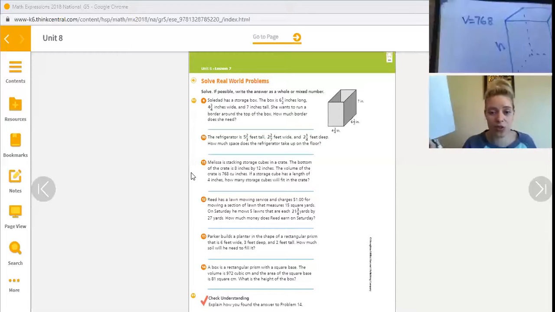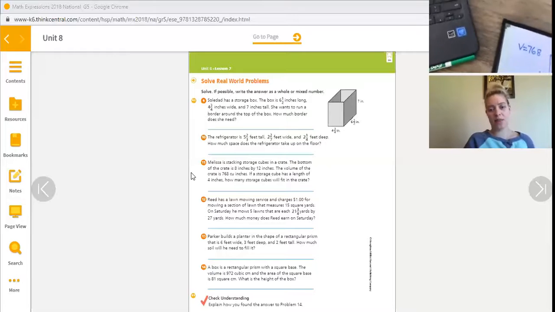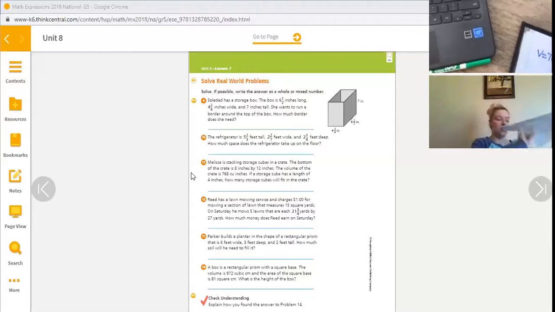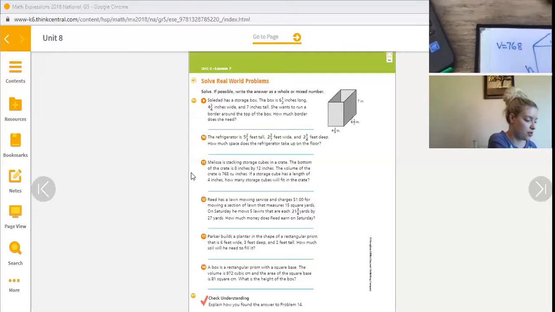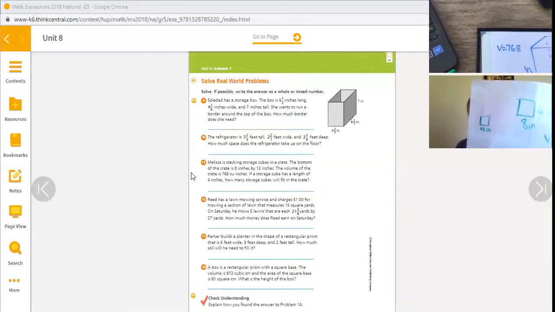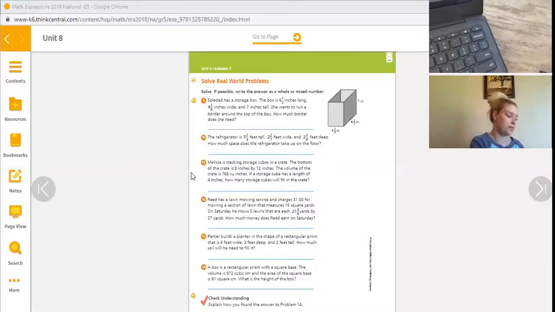If a single storage cube has a length of 4 inches, how many storage cubes will fit in the crate? All right, so now we have little storage cubes. So this is going to be the length of our little storage cube here.